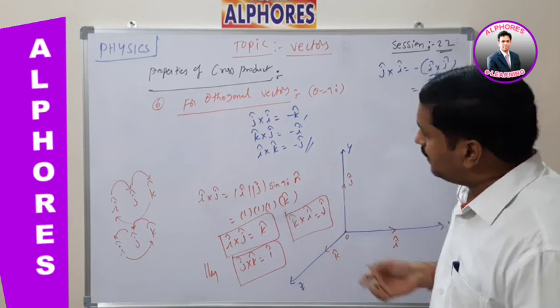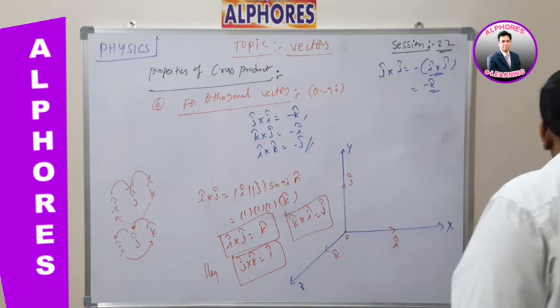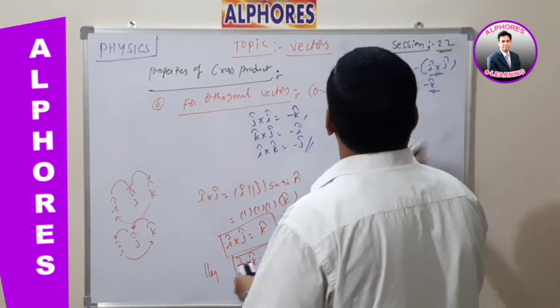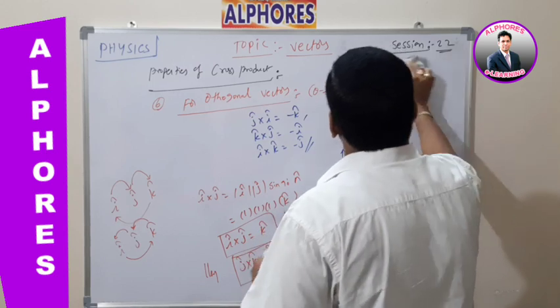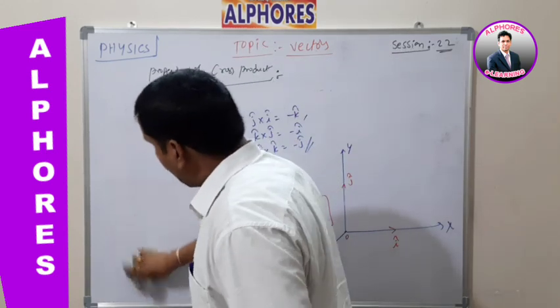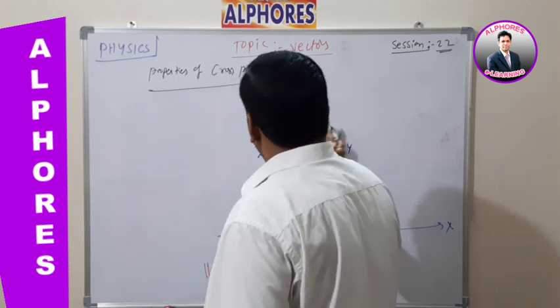Okay. Now listen carefully. What is the seventh point? This is very important. By taking these orthogonal unit vectors only, you have to find the cross product of two vectors. Listen carefully.